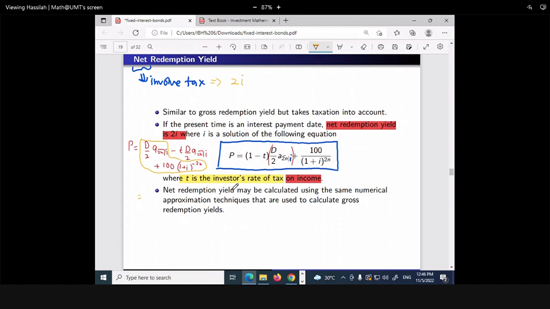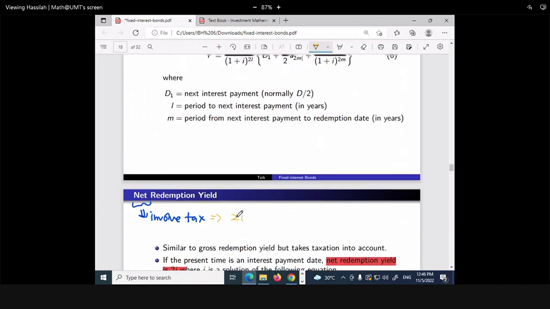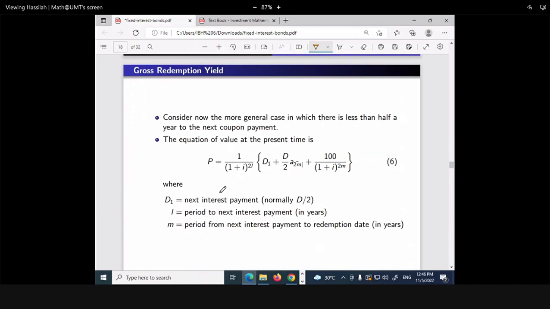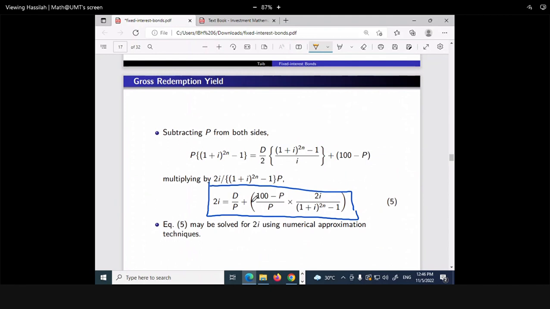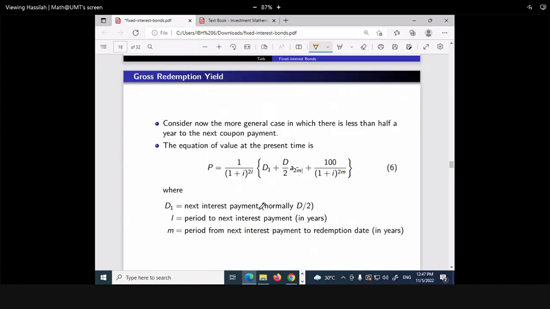Your redemption yield would be calculated using the previous formula. This one. Can? More or less, we have to see whether the announcement says tax is charged or not. If yes, then we use the net. If no, then we use the gross. Yeah, exactly. Okay, thank you, Doctor.